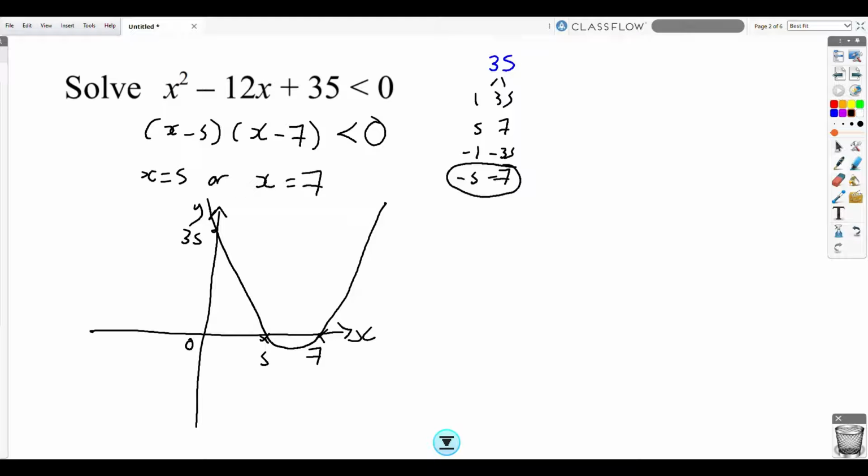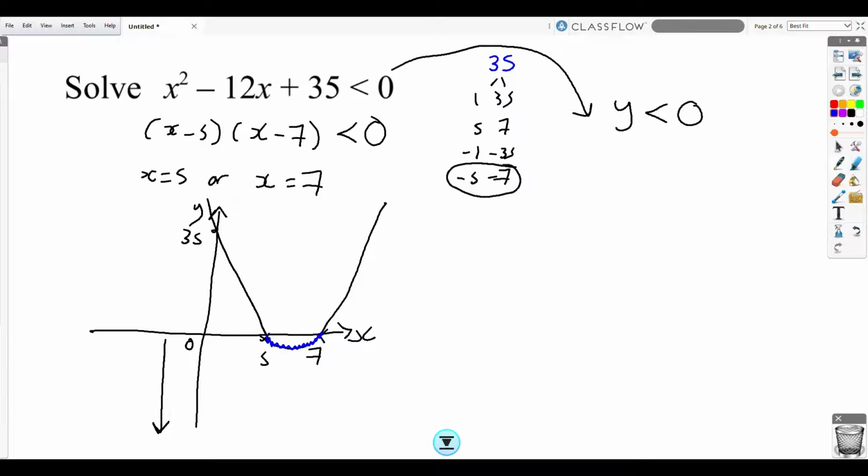Now once again, what you want to do, you want to determine if you're going above or below the x-axis. The way you check here, once again you want to replace the equation with a y. So y is less than 0. Now the part of your graph where y is less than 0 is the bottom half. And what you realize in this case, it's the range here between 5 and 7.